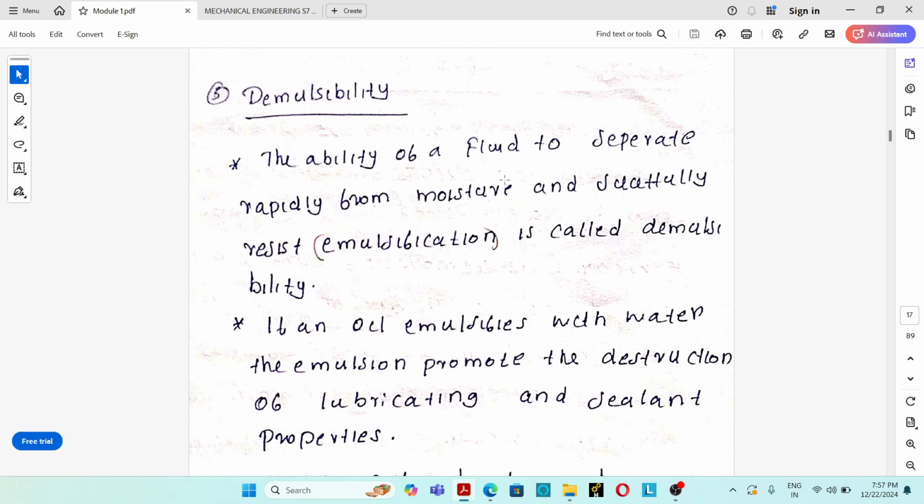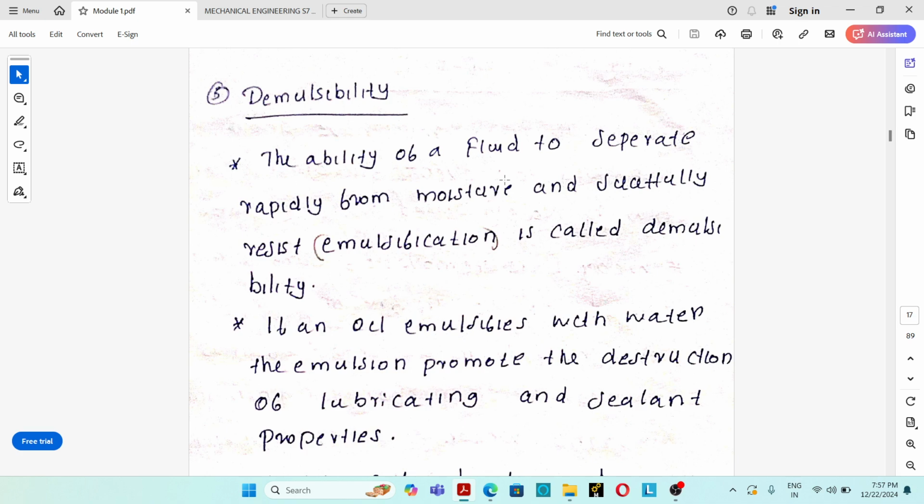Third property is the demulsibility. See, demulsibility means preventing emulsification. When hydraulic oil emulsifies with water, it promotes the destruction of lubricating and sealant properties of the hydraulic oil.